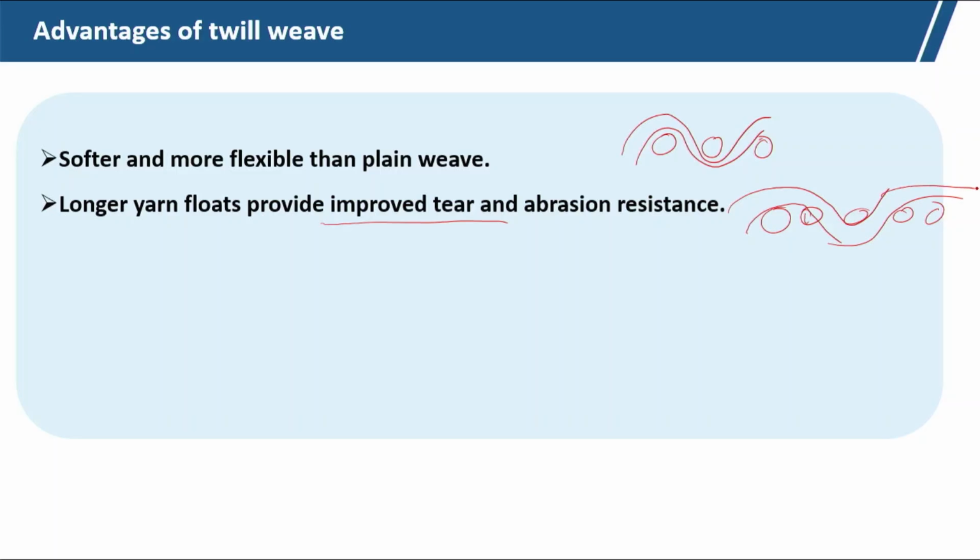So, say 2 up 1 down, here the floats are more. So, during rubbing these yarns will move because of the less interlacement, they are free to move, and this will reduce the relative movement between the abradant and the yarn.